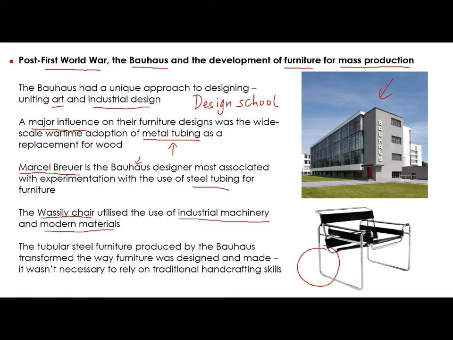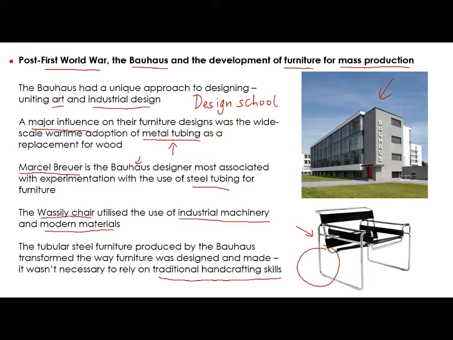He was also inspired by bicycle frames, but the use of tubular steel was revolutionary at the time and was influenced by wartime manufacturing. This really transformed the way furniture was made from this point forward. It wasn't necessary to rely on traditional handcrafting skills.